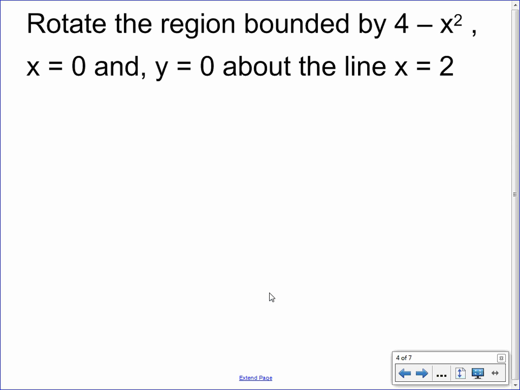Write it down. 4 minus x squared and x equals 0 and y equals 0. And we're going to go about x equals 2. Four minus x squared, what does that look like? Upside down parabola shifted.